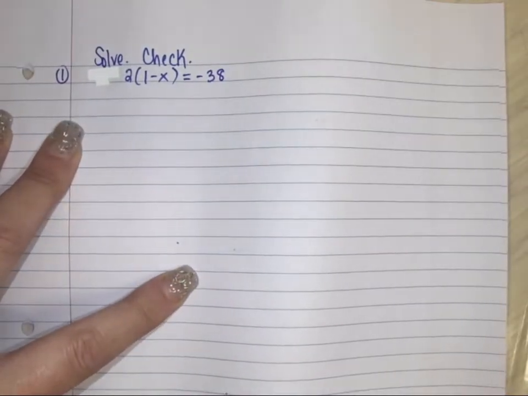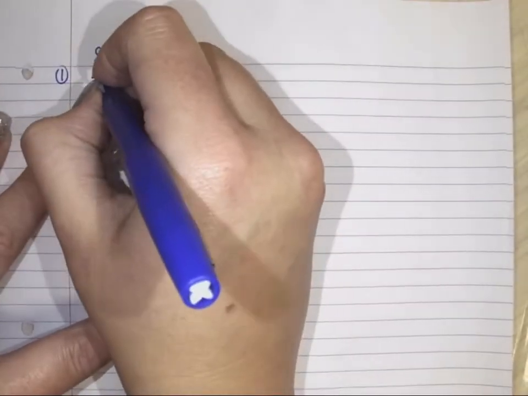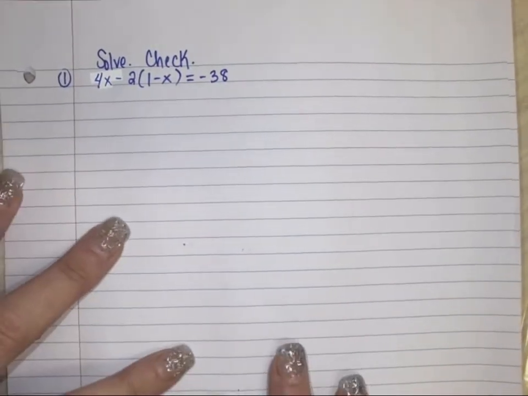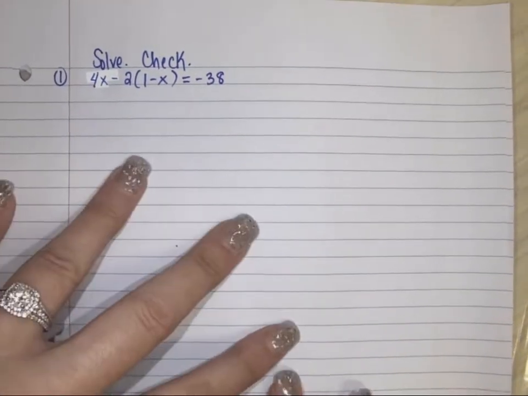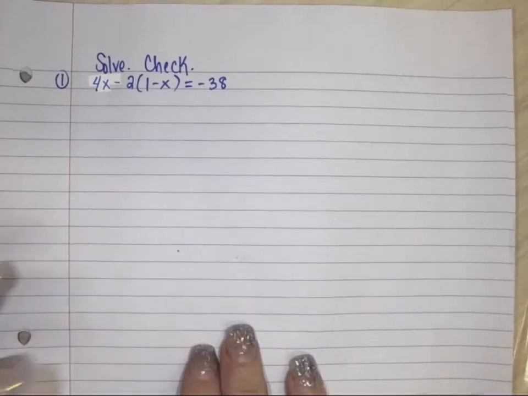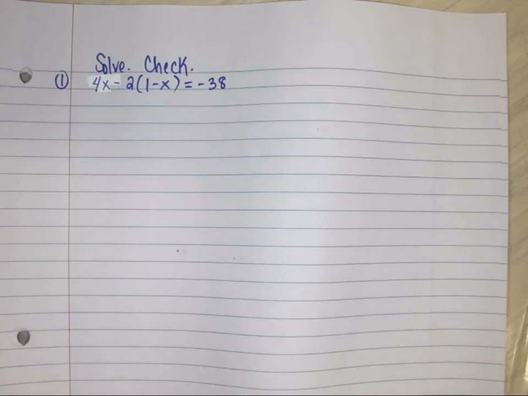Okay, when you have multi-step equations, recall you sort of follow order of operations. We definitely want to get rid of parentheses, combine like terms, and simplify it as much as possible. Get all variables on one side, all constants on the other side, and so on.